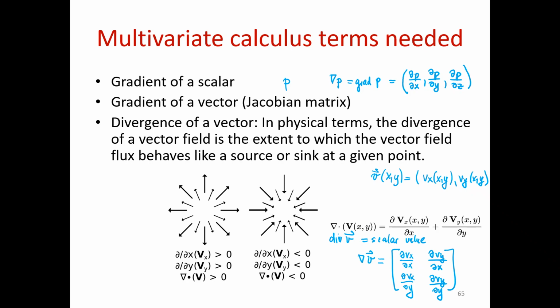And it's basically measuring how much of a sink or source I have for this field. So around the point where it's evaluated, this is my xy where it's evaluated, if it's positive, it appears as if overall this point is acting as a source.